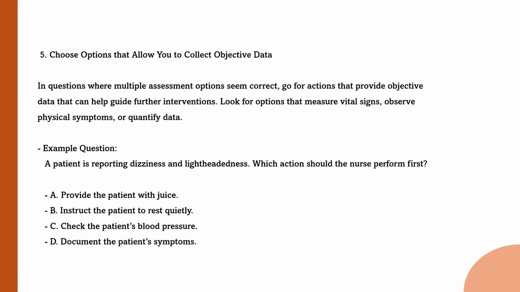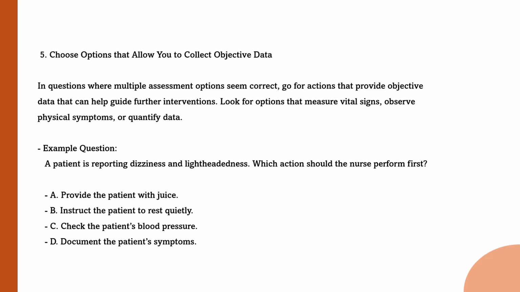But let me give you a little tip on the more clinical way you can go about it. This does not have anything to do with strategy. It's just to think about it. What's the patient experiencing? Dizziness, lightheadedness. Will giving juice solve the dizziness when you don't know what's wrong with the patient? Do you think it might solve it?